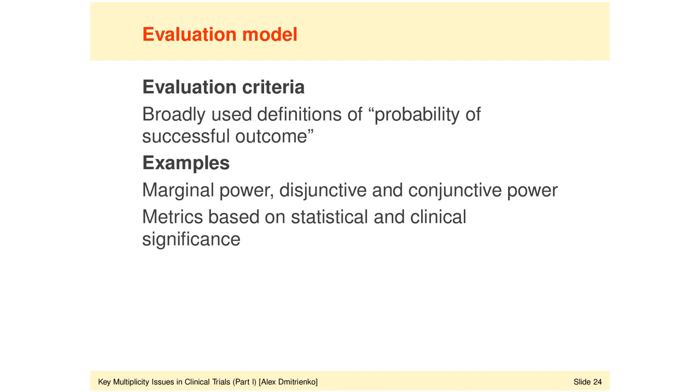By this I mean marginal power of each individual test in a multiplicity problem. Also disjunctive power, which is defined as the probability that at least one test in a multiplicity problem is significant. And conjunctive power is another good example. This measure is defined as the probability that all tests in a problem are simultaneously significant.